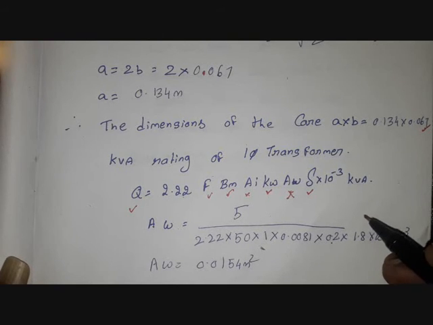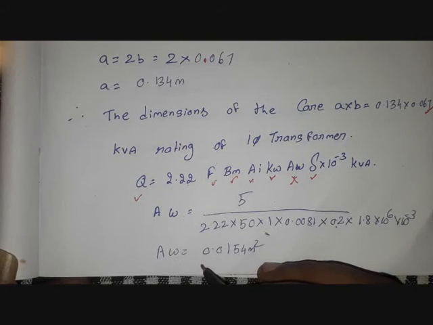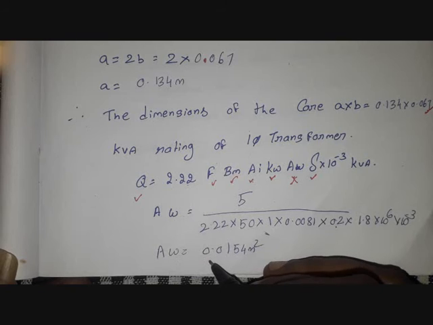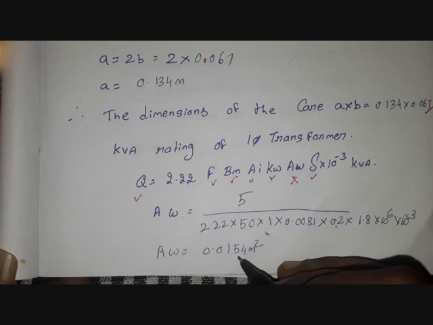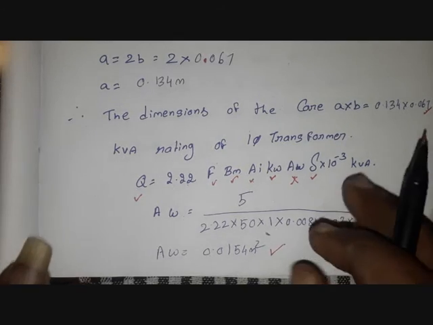The whole term we need to identify in the KVA, so into 10 to the power of minus 3. Now we identify the AW value. AW is equal to 0.0154 meter square. So we identify the AW.